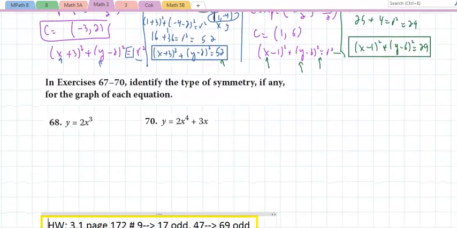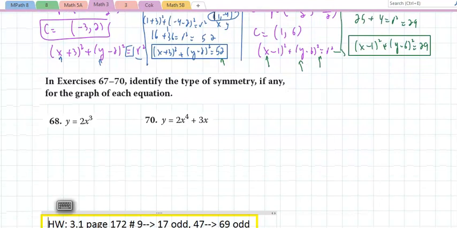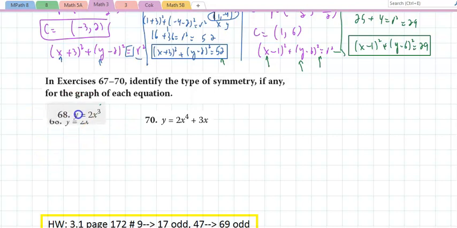And the last aspect of this section is symmetry. And let me elaborate on that a little. We're not spending a lot of time on this symmetry because it's going to come up in sections in the rest of chapter 3.